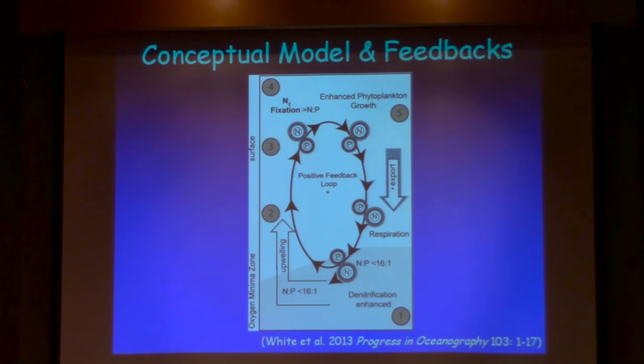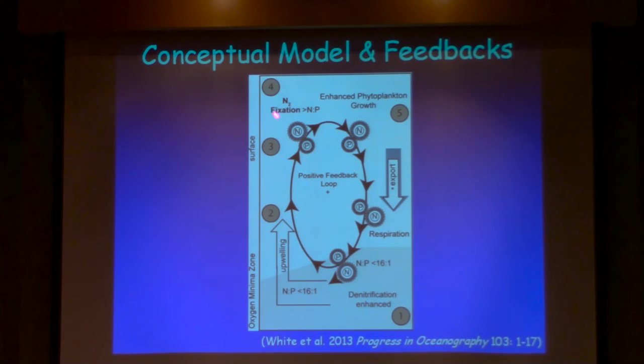Here's a nice figure out of one of Angel's papers. Here's denitrification. We enhance denitrification, we lower the N to P ratio. We upwell it here, and then the N to P ratio is low, you run out of nitrate.